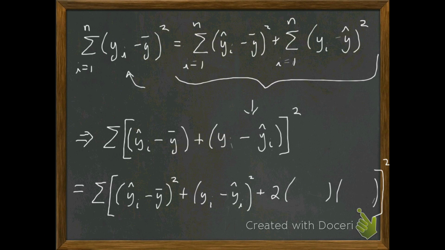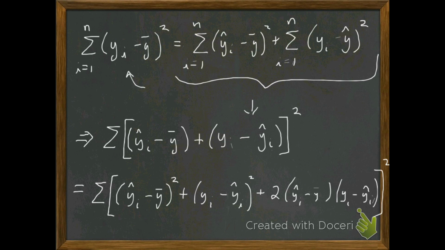So this is going to be just our y hat sub i minus y bar and y sub i minus predicted value of i, right? Okay, good.